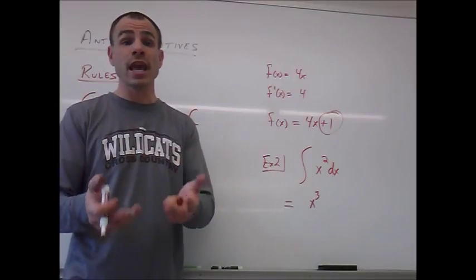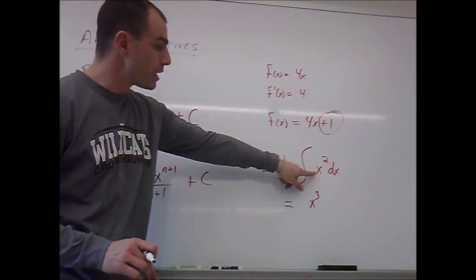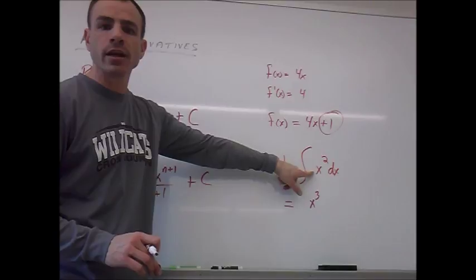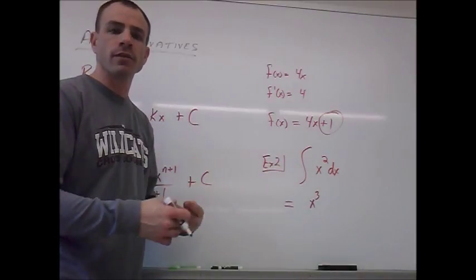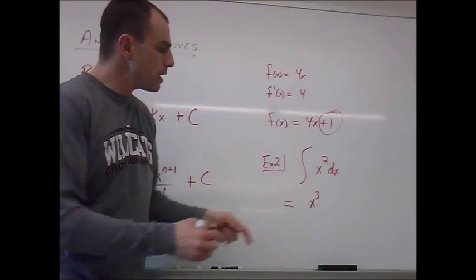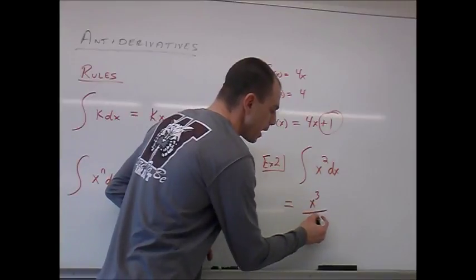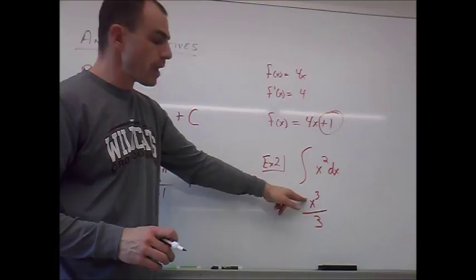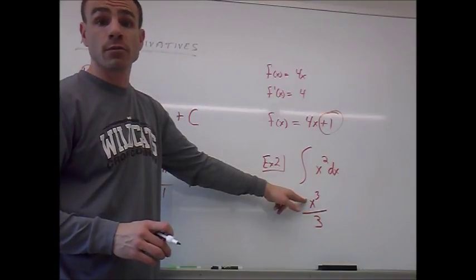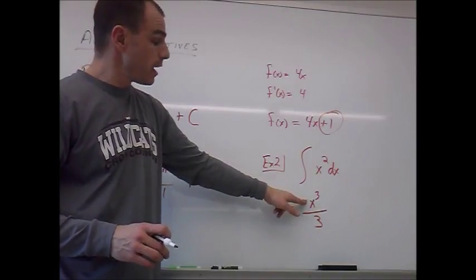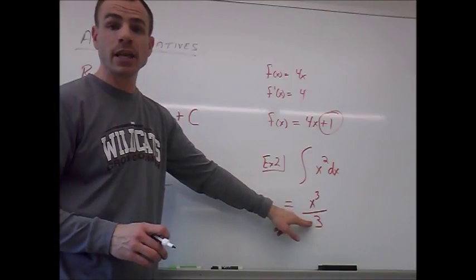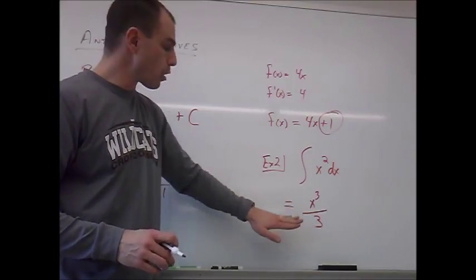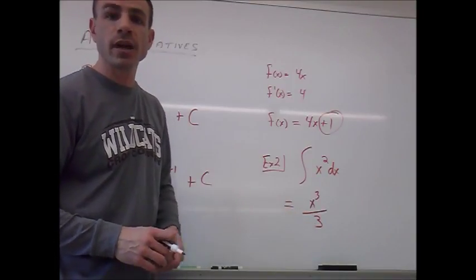Yeah, it would be 3x squared. But we don't want 3x squared. We want x squared to be our derivative. So what that basically means is we're going to divide by 3. All right? Because if we have the derivative of x cubed, that's 3x squared. And then the 3 out front will get eliminated by this 3 right here, were we to actually derive our answer. And that's the key thing.